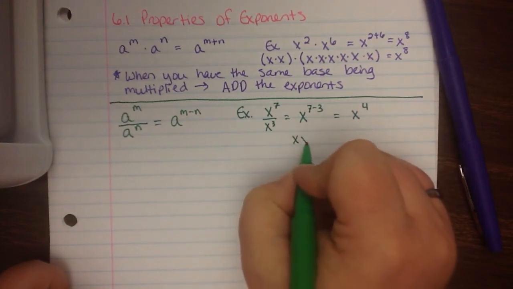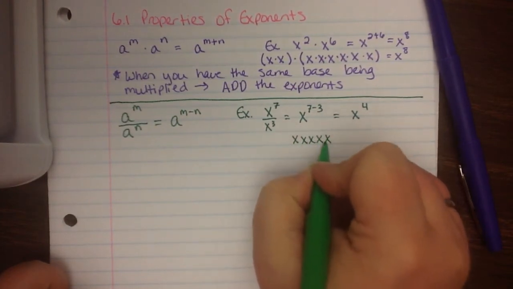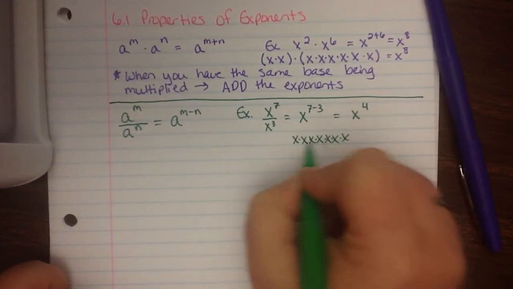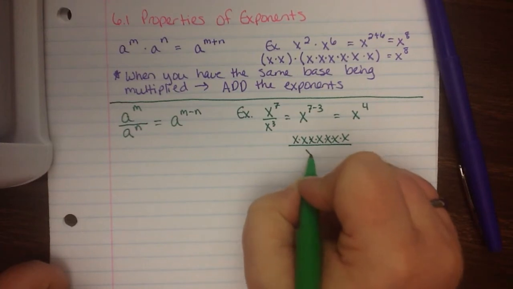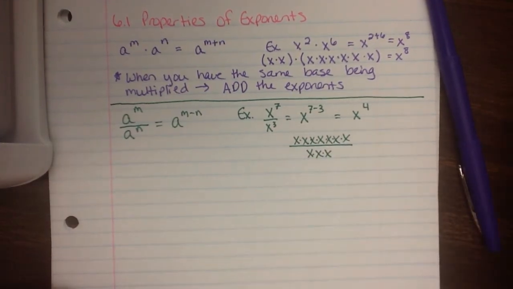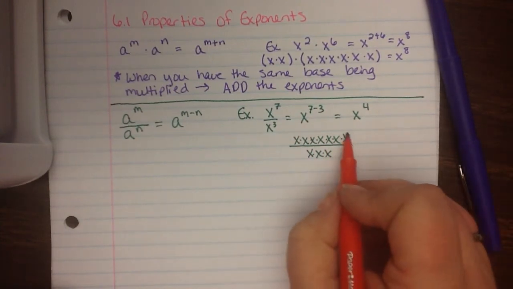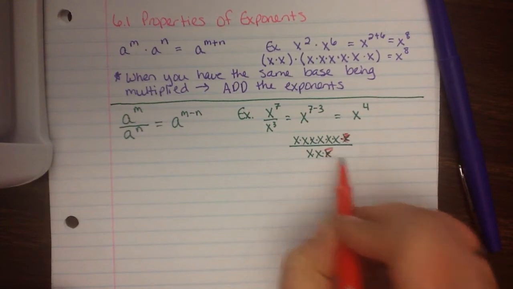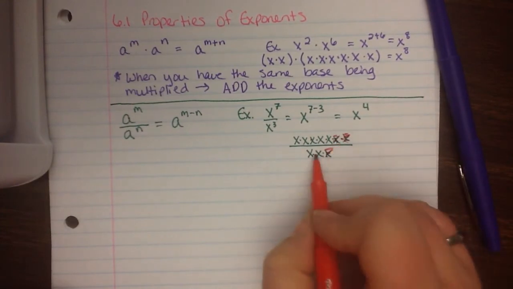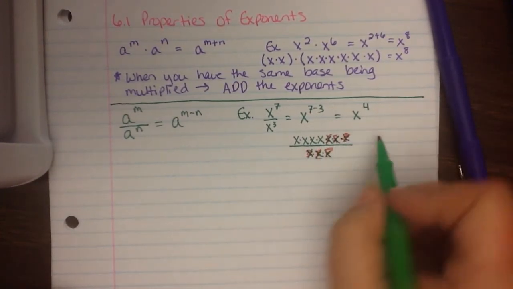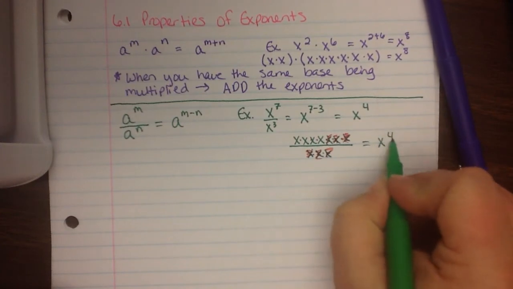I would have x 7 times being multiplied in the numerator and x 3 times in the denominator, and when you're dividing and you have a factor that's the same in the numerator and denominator, you can cancel it. So I can cancel these x's one at a time. And then what happens is I have just 4 x's left.